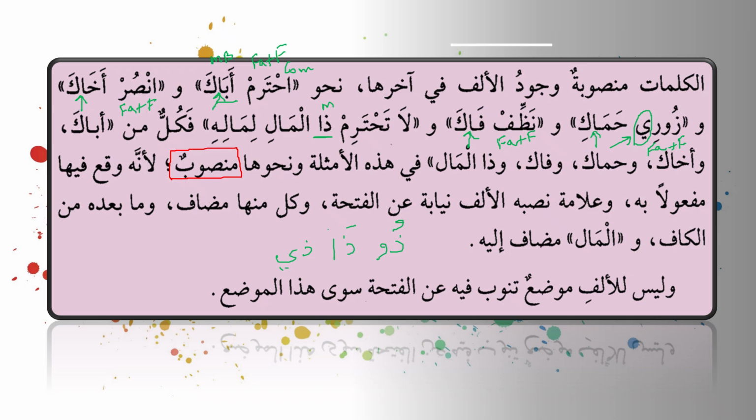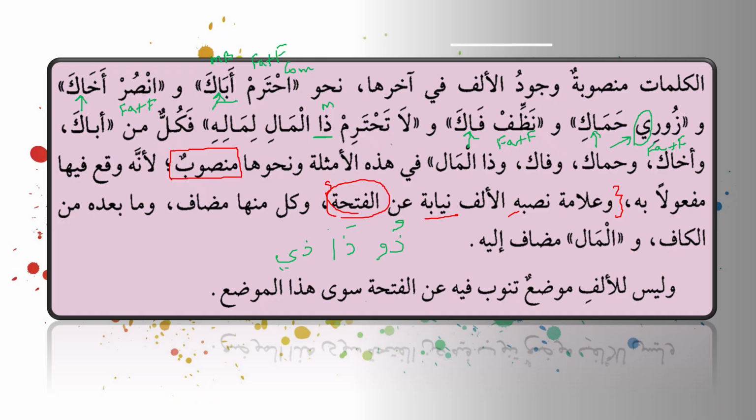Now all these come in which position? They are all in maf'ul bihi case. How do you know it is maf'ul bihi? The sign, when you do the i'rab, you have to write, and this is very important, wa alamatu nasbihi al-alif niyabatan 'anil fathah.